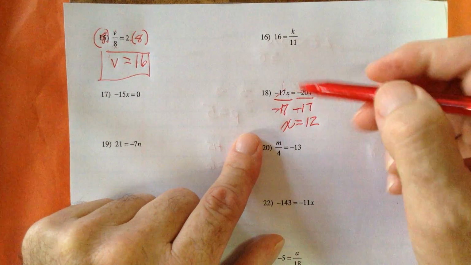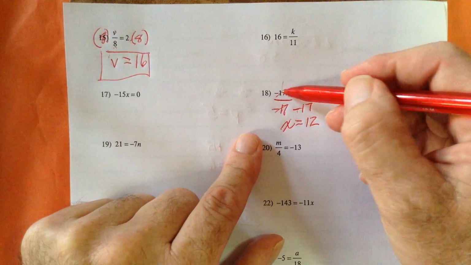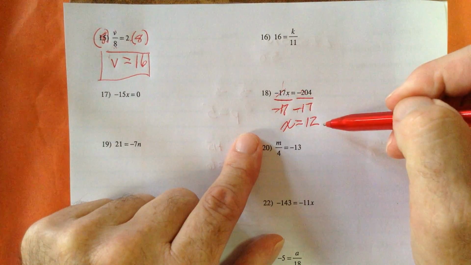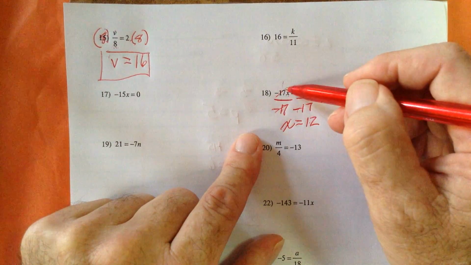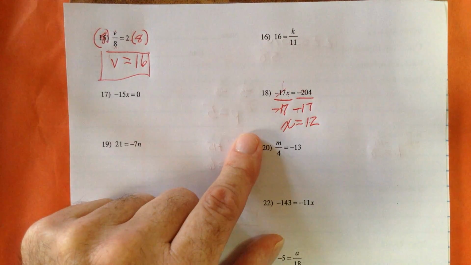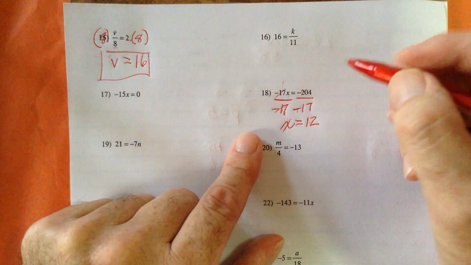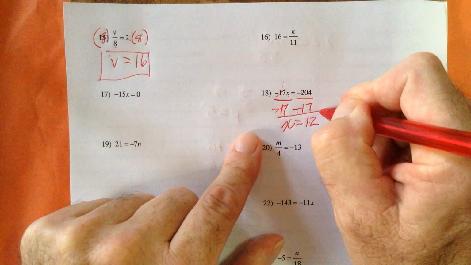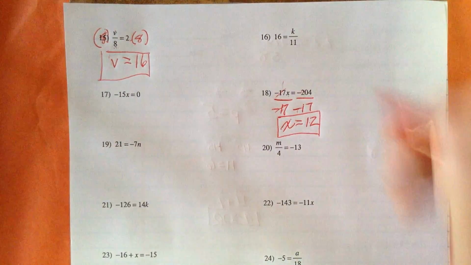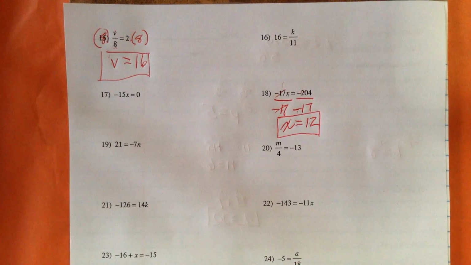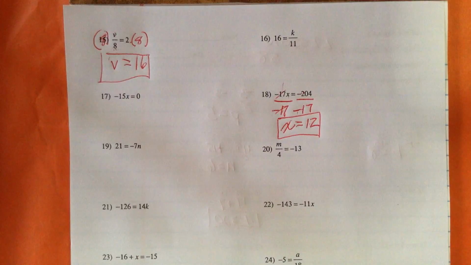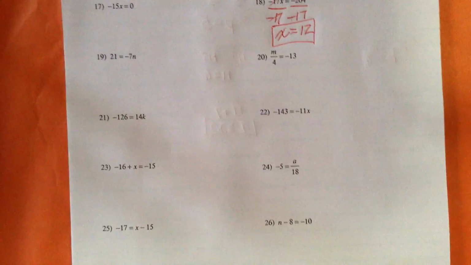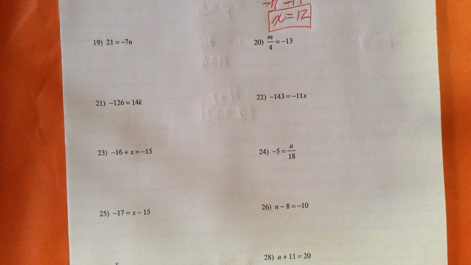So if I want to check it, I go negative 17 times positive 12. Yep, it's going to equal a negative 204. Okay, so this right here would be the answer. And the rest of the paper is just like those.